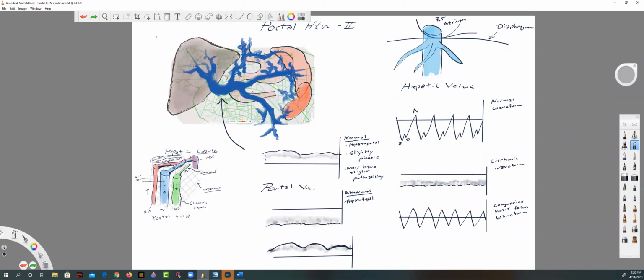So I really didn't talk about the waveform. When we do this, we're going to put my spectral gate here, and your pulse wave, spectral, whatever you want to call it, is going to be right about here.